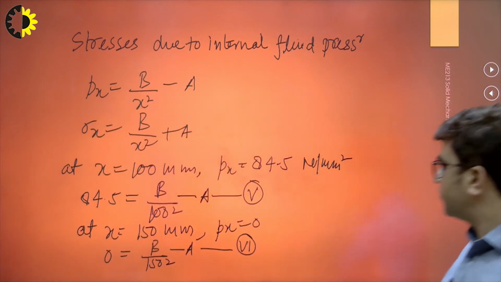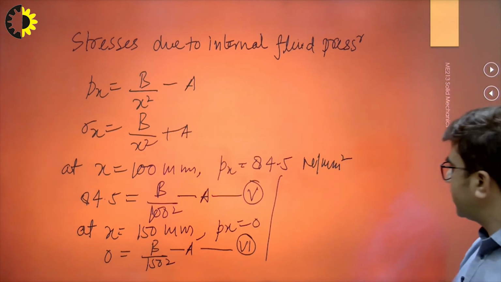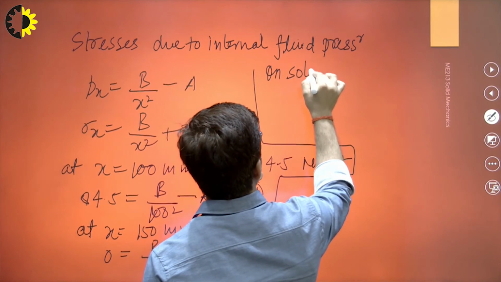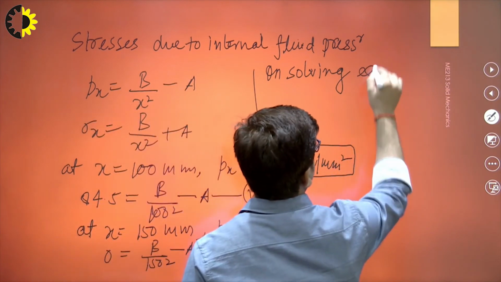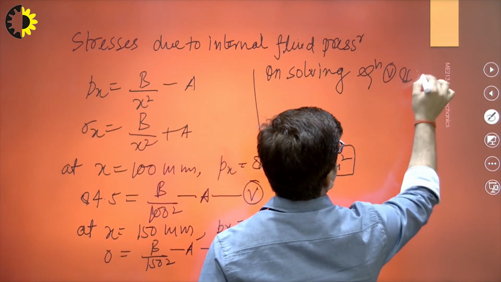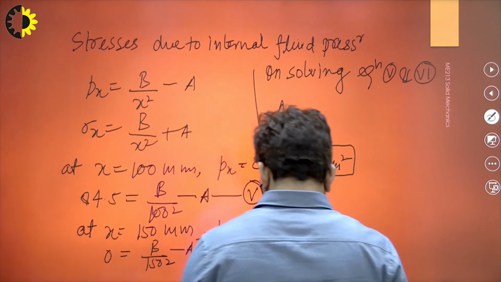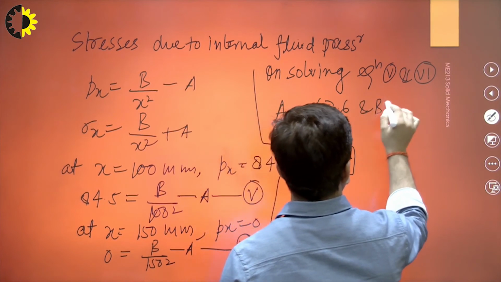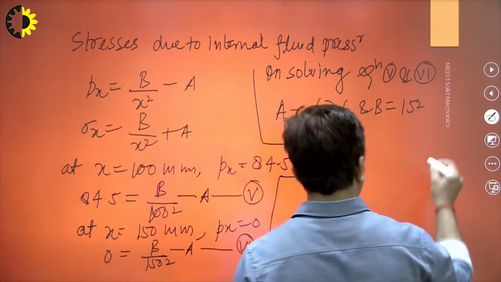So from equation 5th and 6th we can find the constants A and B. On solving equation 5th and 6th, A equal to 67.6 and B equal to 152100.